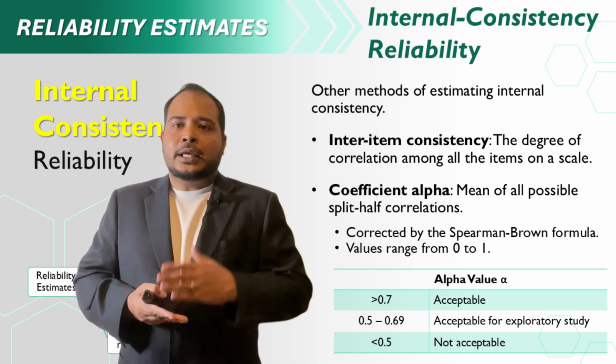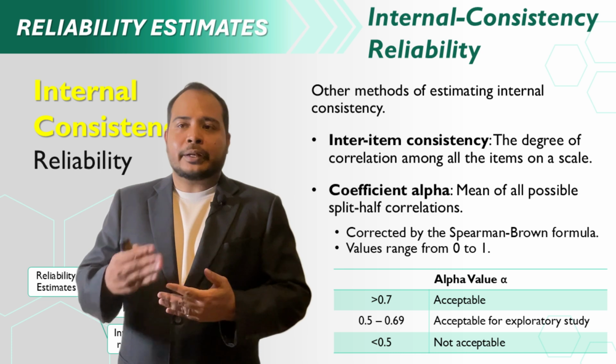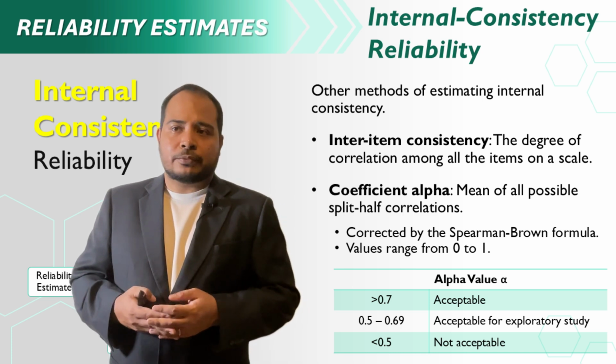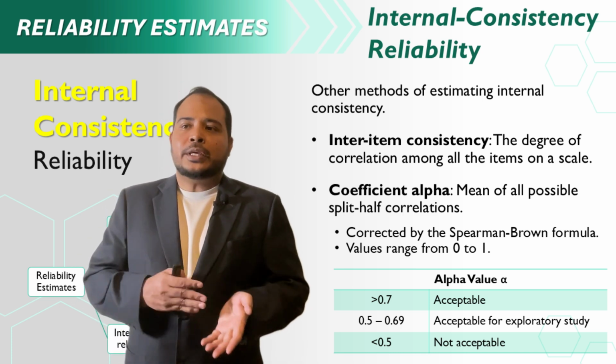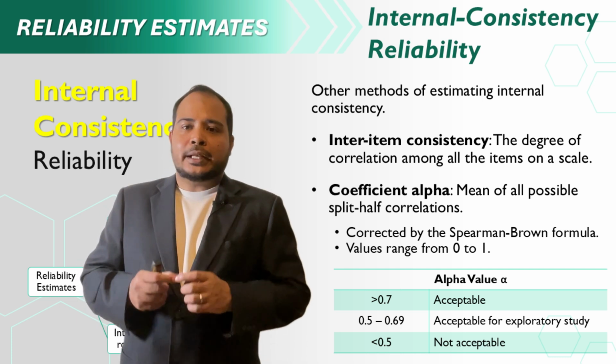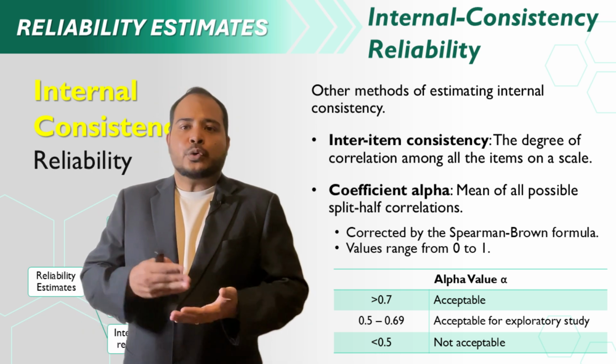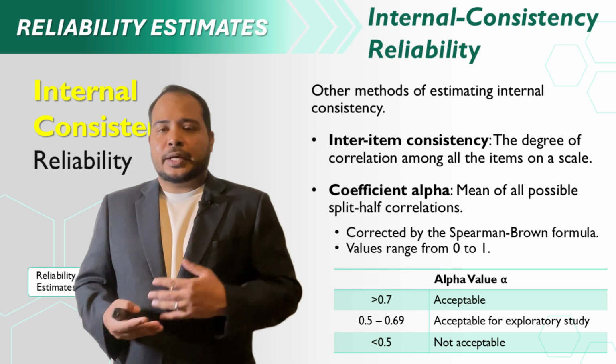So basically, if you are doing split half, you can by right also estimate coefficient alpha or Cronbach alpha. When we have these means, we correct them with the Spearman-Brown formula, and we will get a range between 0 to 1, such as a Cronbach alpha of 0.6, 0.7, 0.8, and so on.